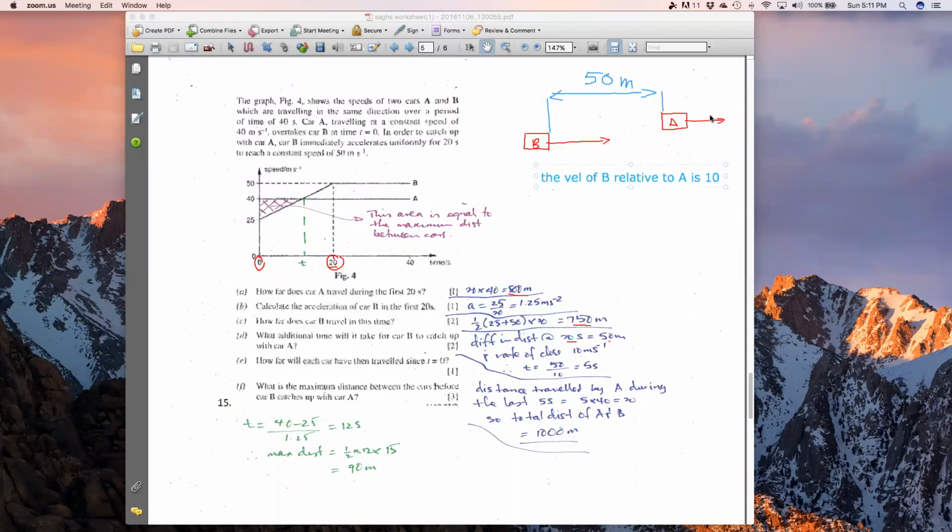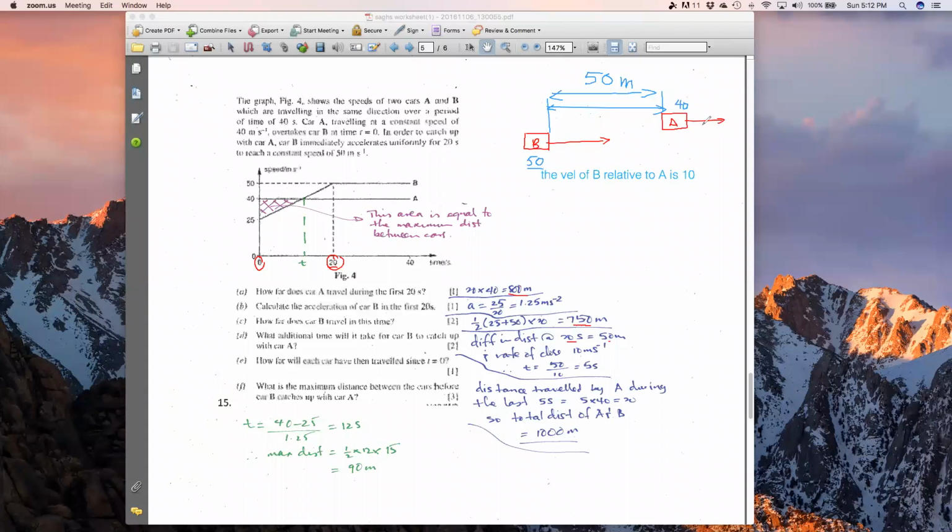All right, so let me do it again. A is traveling at 40. B is traveling at 50. So this gap is getting smaller. Why is it getting smaller? Because B is traveling faster.